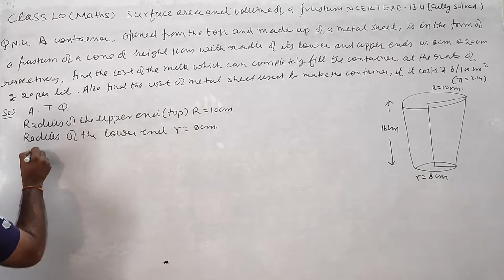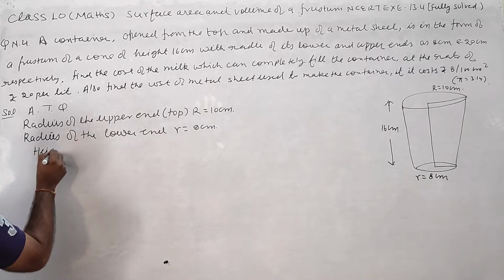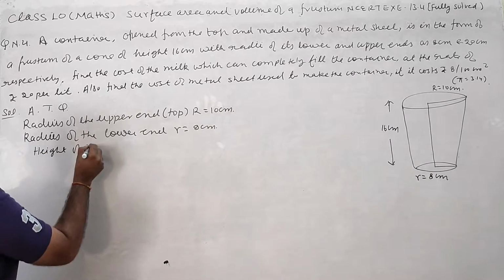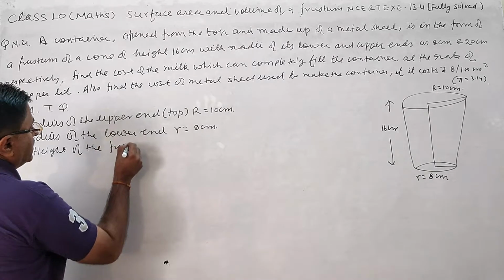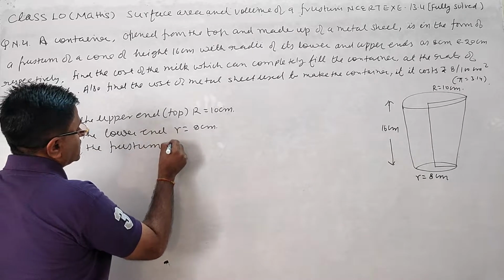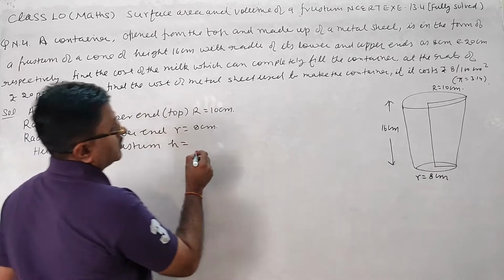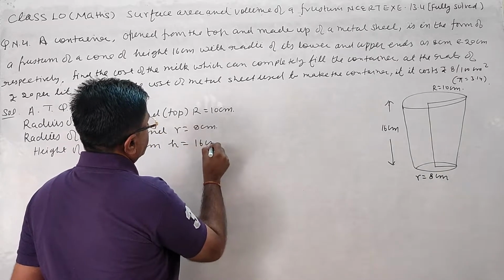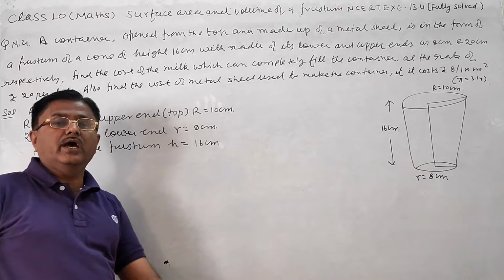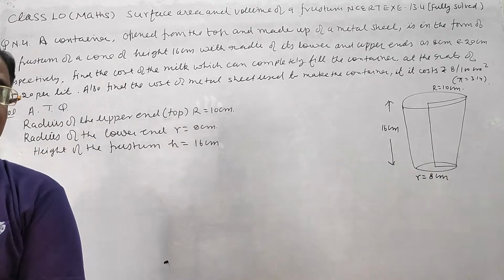Height is also given, so you can write height of the frustum or container, h equal to 16 centimeter.